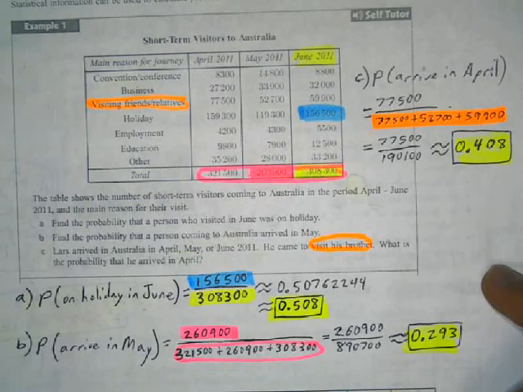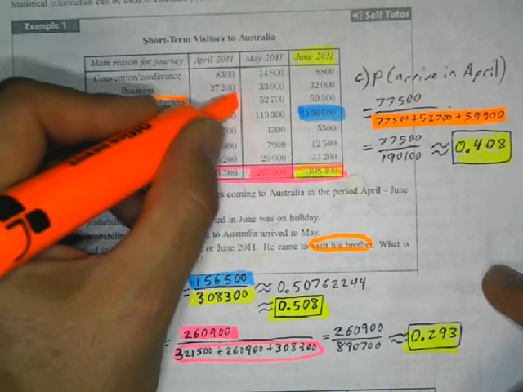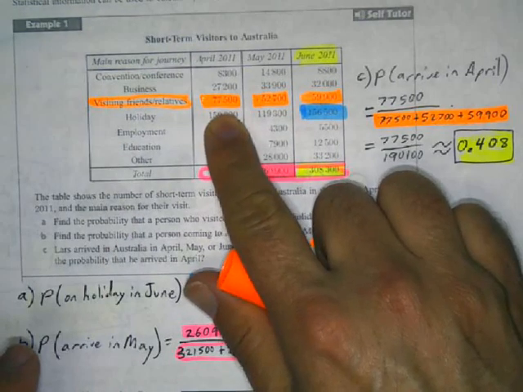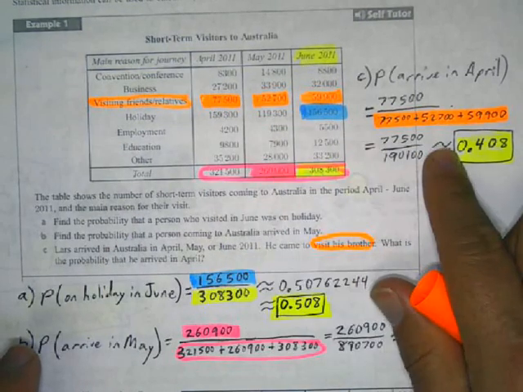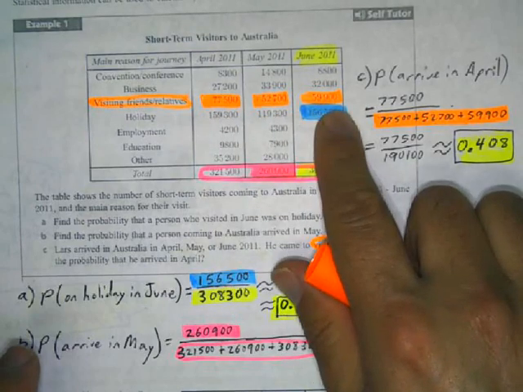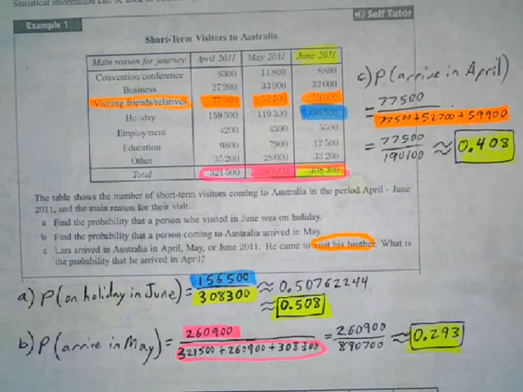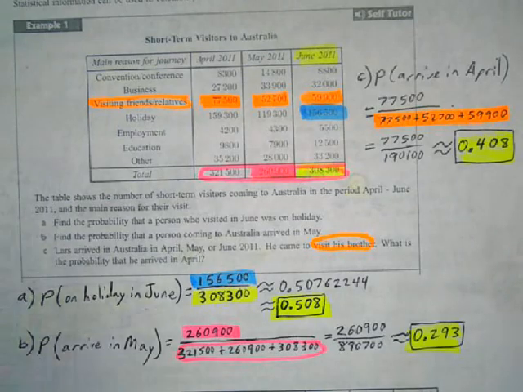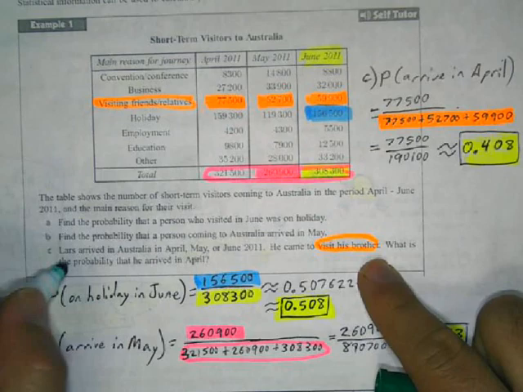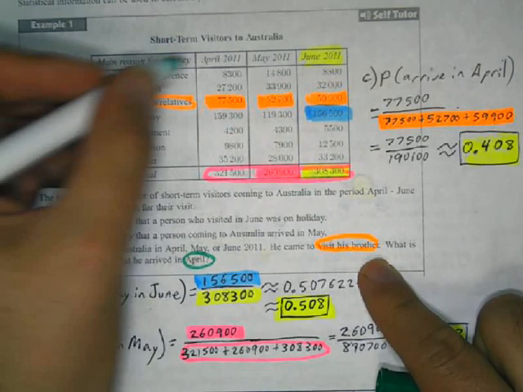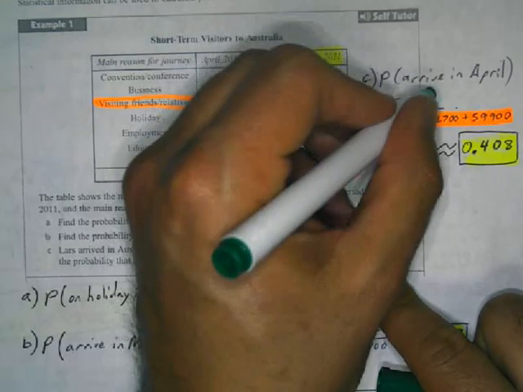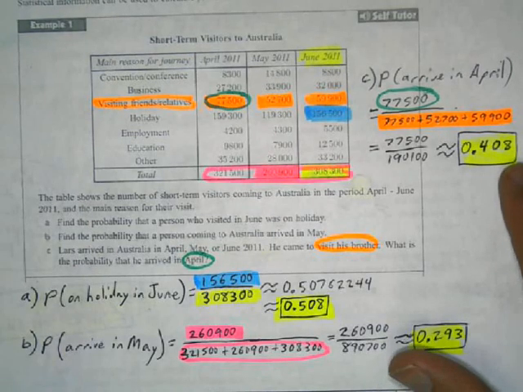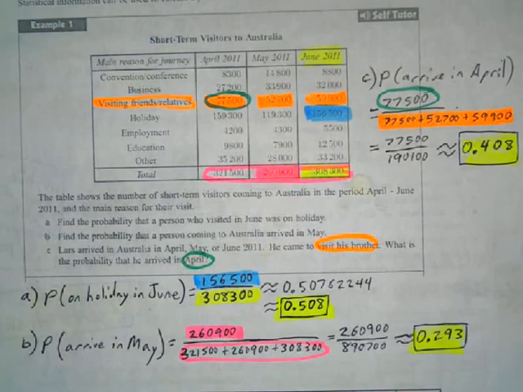So people visiting friends and relatives, I'm going to add these 3 values for my denominator, because these are the only people visiting friends and relatives. All the other ones are different. And then my numerator is the probability that they arrived in April. Okay, and this is called conditional probability, and we'll talk about that in our lesson down the road.